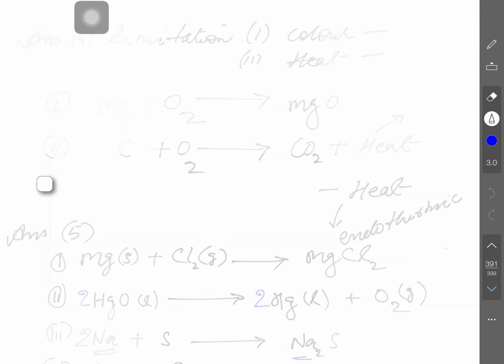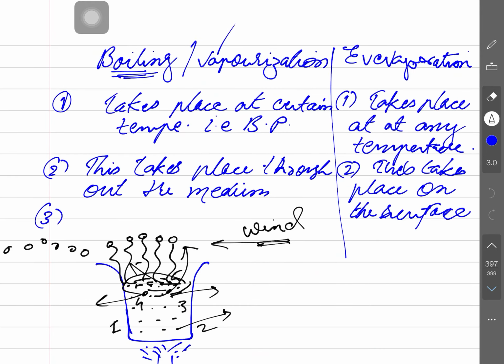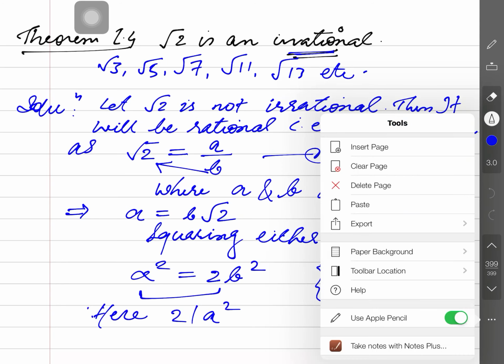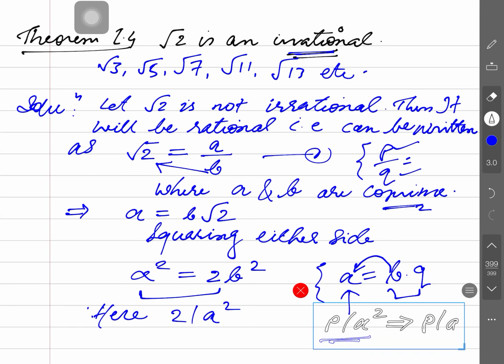Is that clear? Now we will discuss further. I am writing that 2 divides a square. Remember this theorem: if p divides a square, then p divides a.